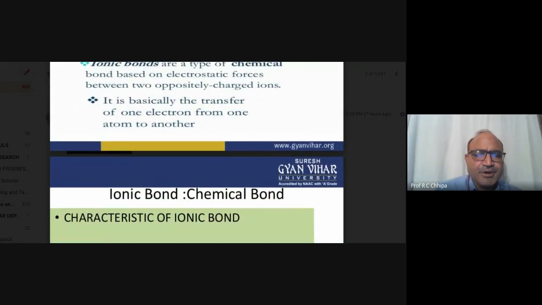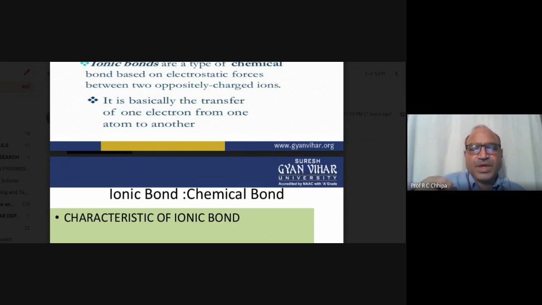Sodium chloride is one of the ionic compounds, and its physical state is solid. Why is this solid compound formed? That is because of the electrostatic forces between two ions, the cation and the anion. In sodium chloride, the cation is sodium.